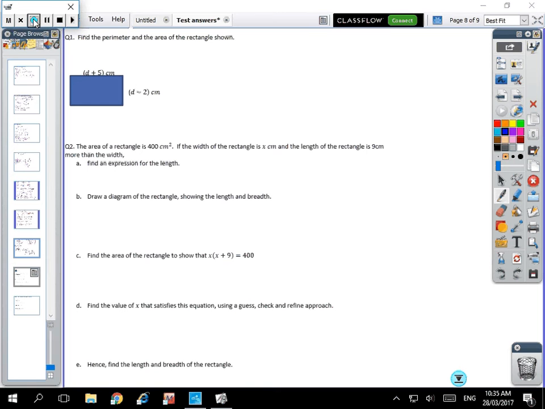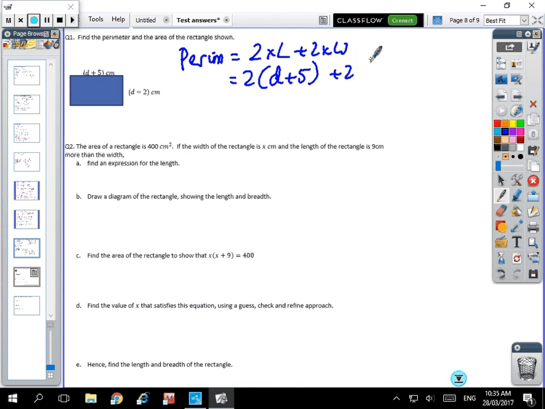Okay, so perimeter equals 2 times the length plus 2 times the width, equals 2 times d plus 5 plus 2 times d minus 2, equals 2d plus 10 plus 2d minus 4, equals 4d plus 6.